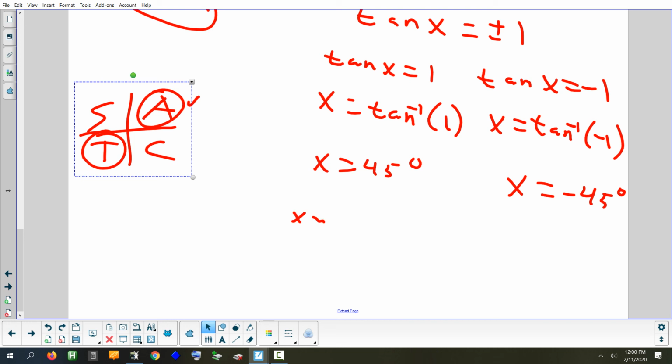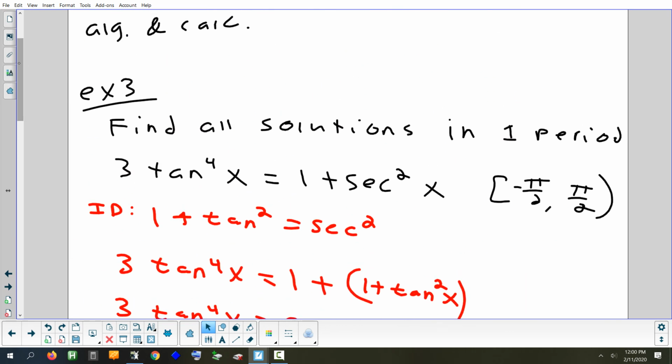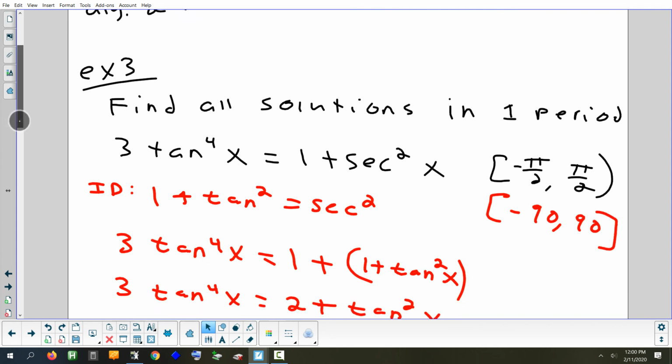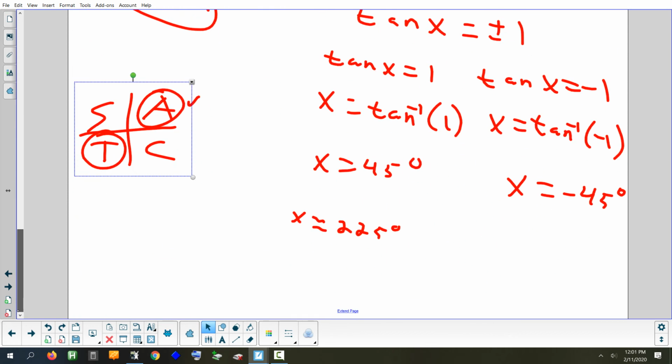So I'm going to put this down here for a second, but I have to see if 225 was what they told me they wanted the answers between. I don't think it was. Let's just do, just to make it simple, negative 90 to 90. Is 225 an answer that I should leave there? No, they don't want it. For whatever reason, they don't want it this time, so I'm not even going to write it. Okay, let's check the other one.